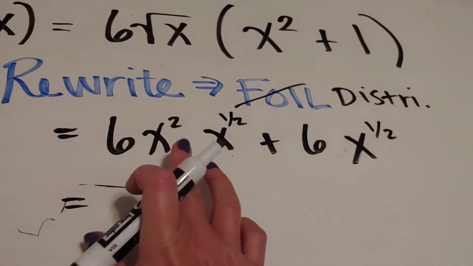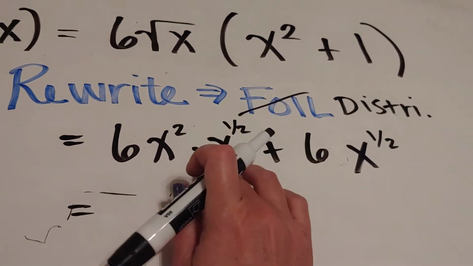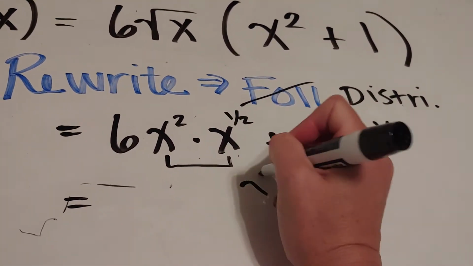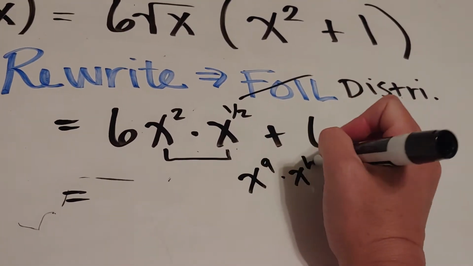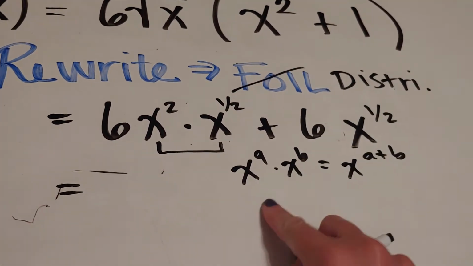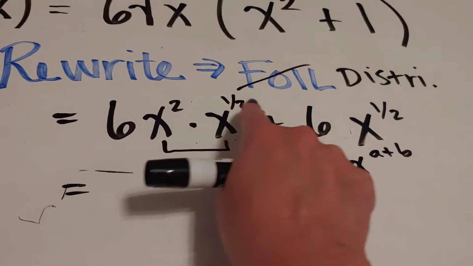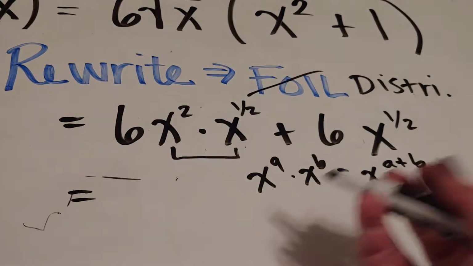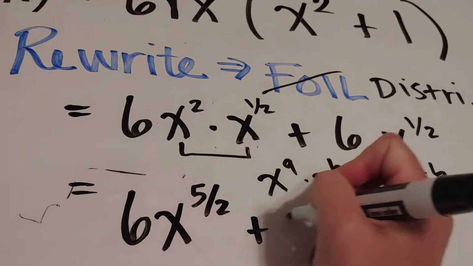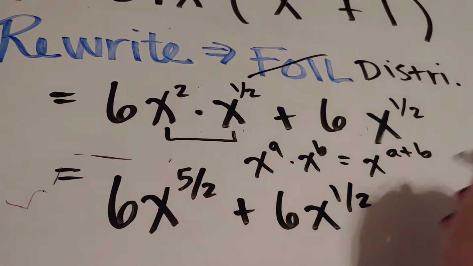Okay, and I need to go ahead and use that property of exponents that x to the a times x to the b, you add exponents, right? Okay, so 2 plus 1/2 is 5/2. So this would be 6x to the 5/2 plus 6x to the 1/2.